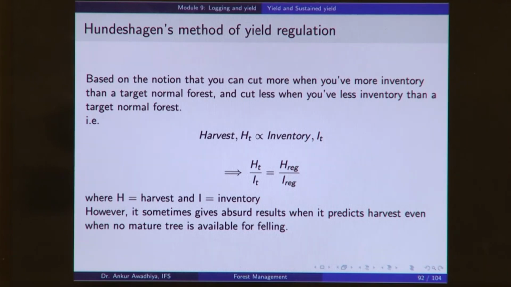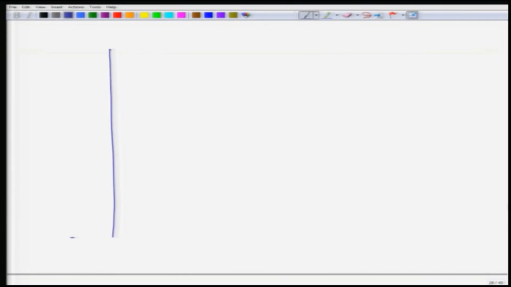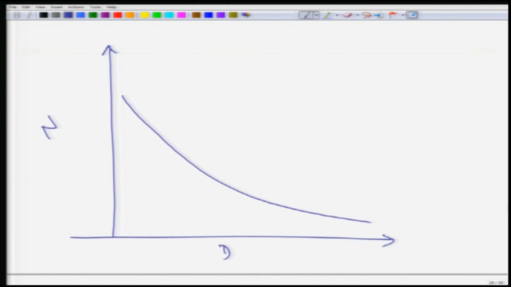Now, what is it saying? We saw in the case of a selection forest that a selection forest has a diameter distribution curve that looks like this. So, it is an inverse J curve.